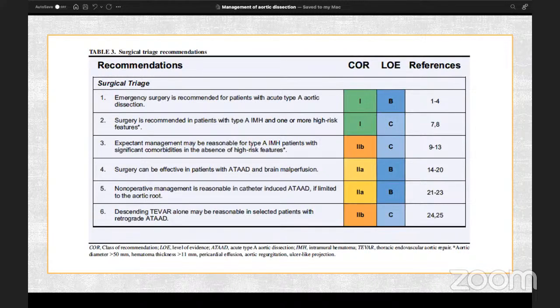Expectant management may be reasonable for intramural hematoma in patients with significant comorbidities and absence of high-risk features. Another group of patients, those who had iatrogenic aortic dissection, might be managed medically rather than with surgical intervention.